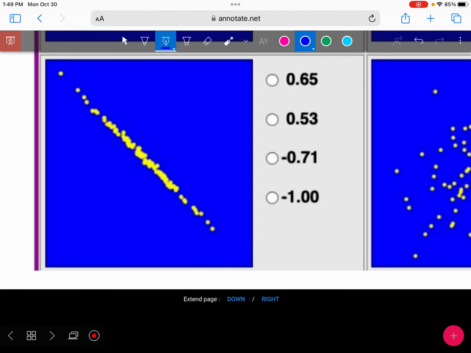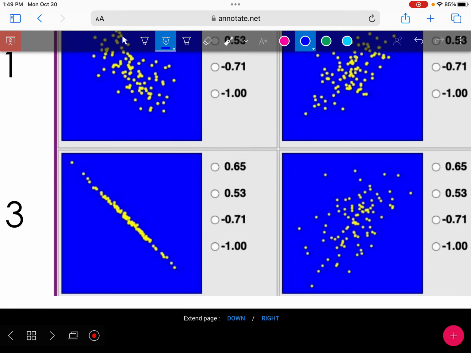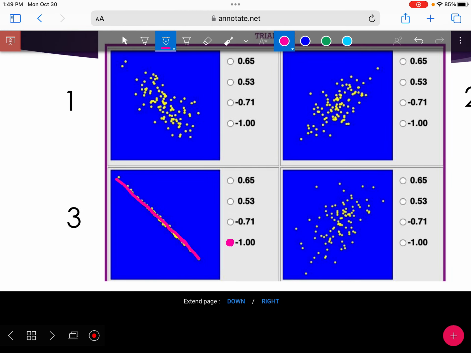Because remember, we have to use these other 3 on the other 3 graphs. Ooh, that color blends in with that box art. Pretty dang close to that line. Isn't it pretty much darn near perfect? I would say this one is really, really close to negative 1. I agree, they probably should not have picked the absolute perfection because it's not truly aligned, but it's really darn close. And that means I know that it's not on any of those pictures.